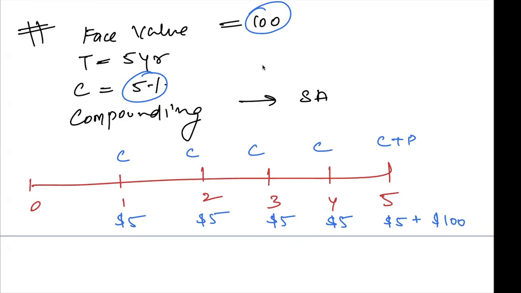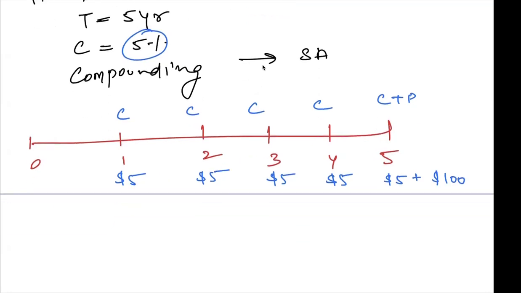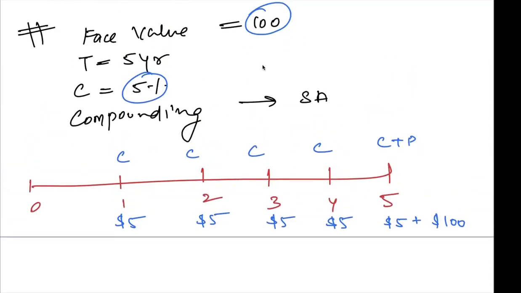Yes. That's the thing you all did not get. See, that's where you all got cheated. What is the compounding frequency? Semi-annual. So this is completely wrong.